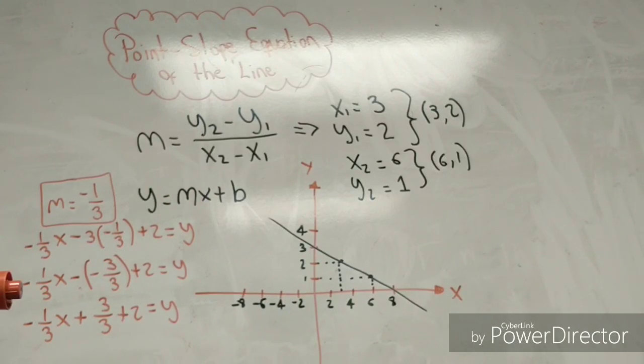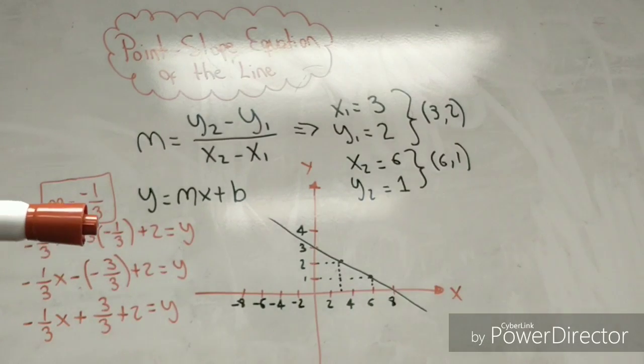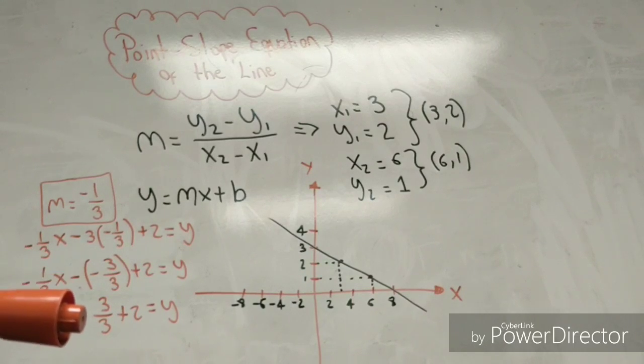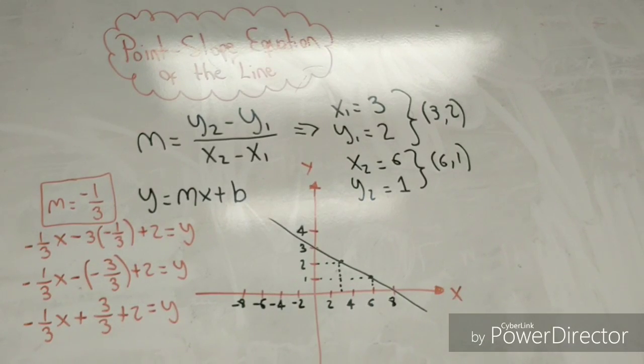Then it's algebra. The next step would be putting this 3 inside the parentheses, so in that way we can make it easier. And then after that, minus times minus is plus. So minus 1/3 x plus 3/3 plus 2 equals y.